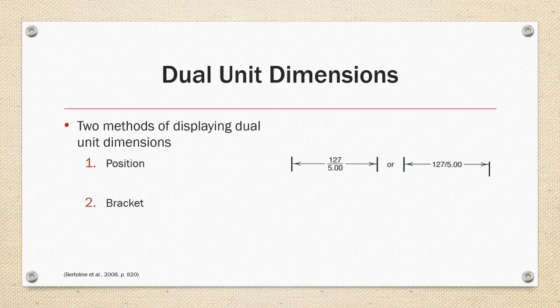The second method is called the bracket method, where the alternative units are displayed in brackets, as shown on the right. In my experience, the second method, brackets, is the more common of the two methods, but the author of our text discourages the use of dual dimensioning schemes.